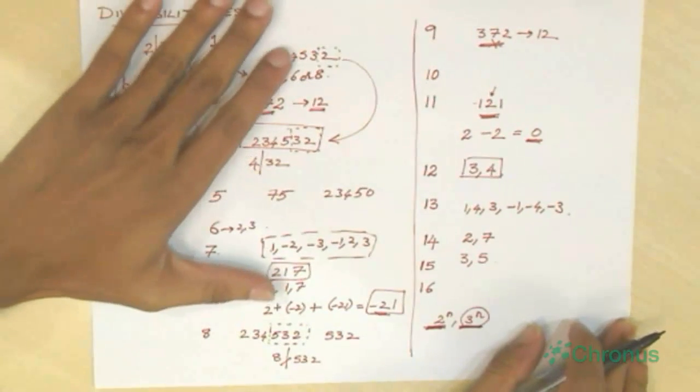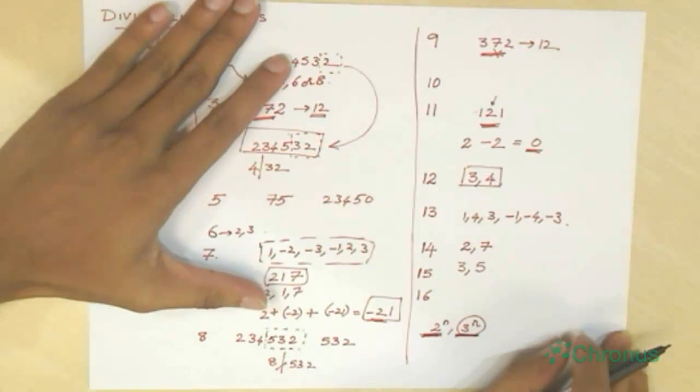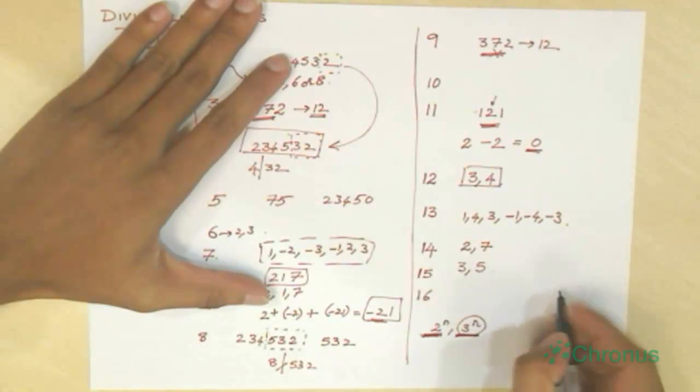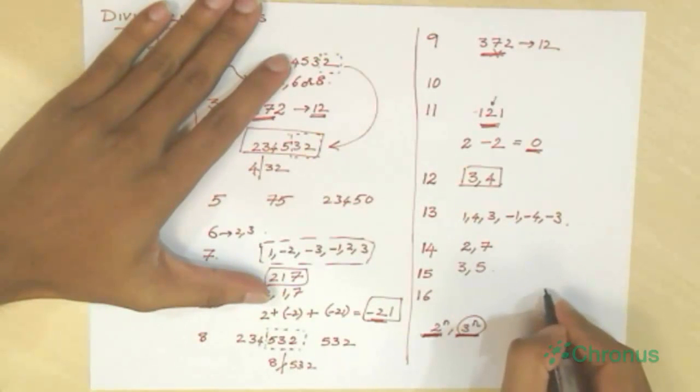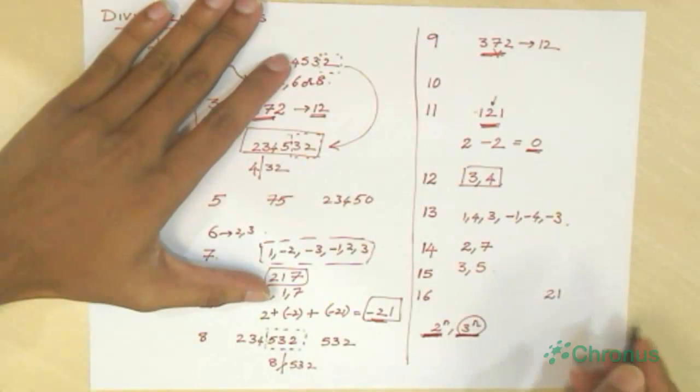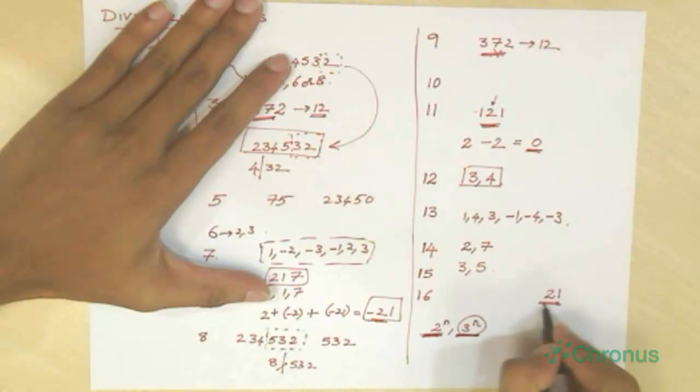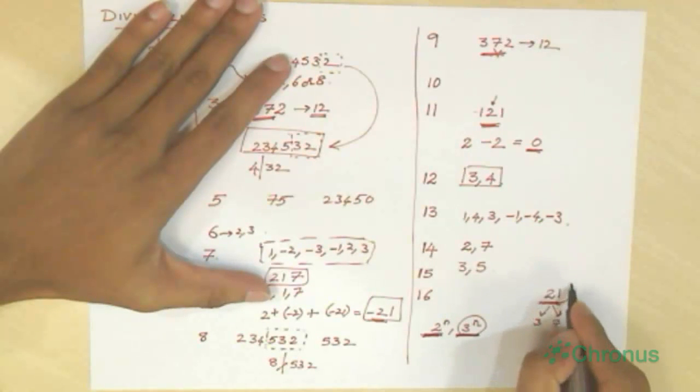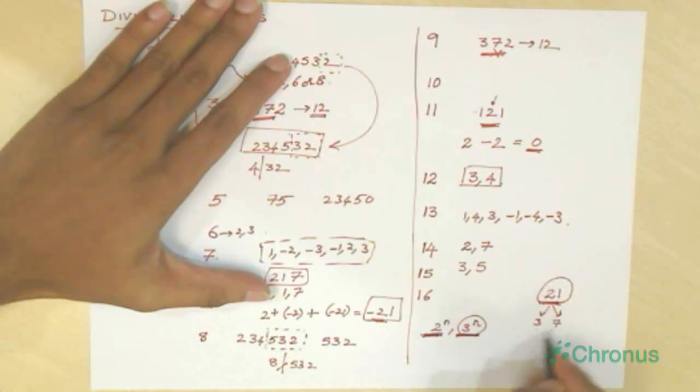And one more thing to note, let's say we have a number, say 21. To have a divisibility test for composite numbers like this, we factorize it into 3 times 7. So a number is said to be a multiple of 21 if it's a multiple of 3 and also a multiple of 7.